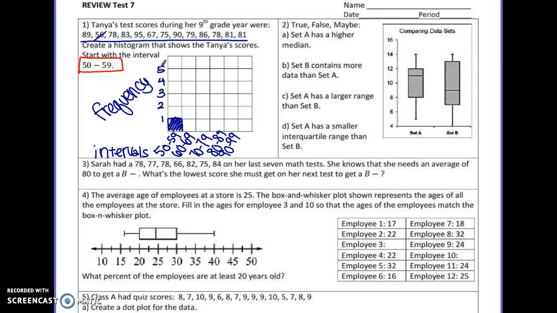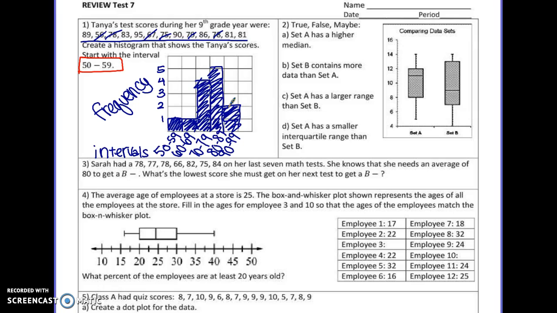So 60 to 69, you have 1. 70 to 79, you have 1, 2, 3, 4. 80 to 89, there should be 5 of those, and you can count those, and then 90 to 99, there's 2 of those. So this is the histogram for the test scores.